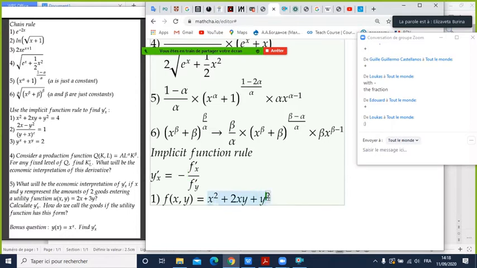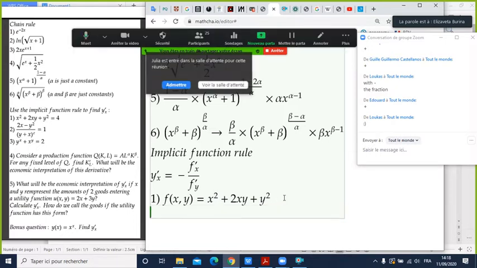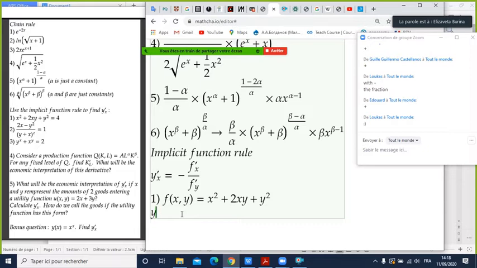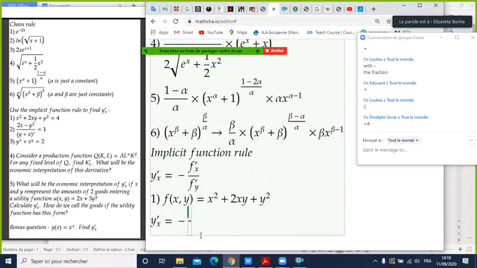So this is just Newton's binomial, the square. But we don't care absolutely, it could be whatever. Then we can just use the rule and we get y prime of x equals minus fraction.